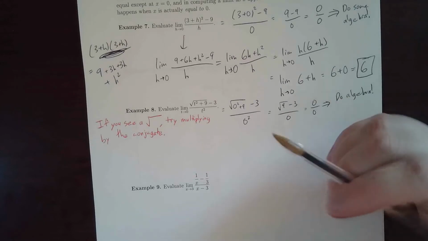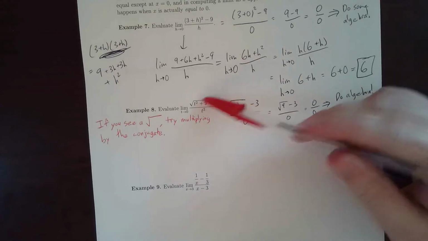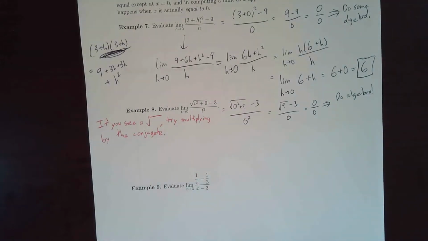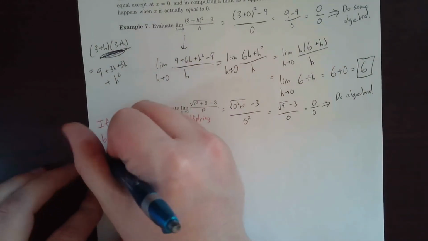Now, we can't just start multiplying by numbers willy-nilly, so we'll multiply by this conjugate in the numerator and the denominator. I'll write the conjugate in red so we can see what that looks like.